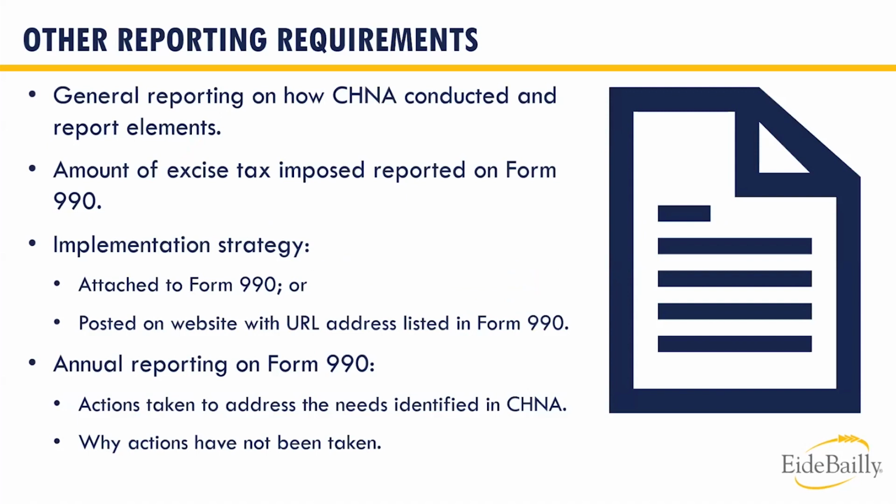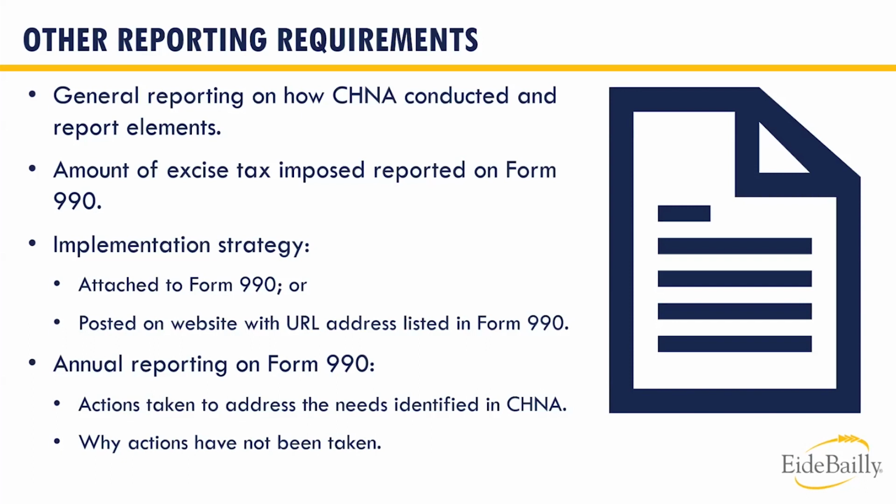The other reporting requirements. So those of you who are filing a 990, which most organizations that are 501c3s are going to be filing a 990, there's some exceptions there for those dual status governmental hospitals, but in general, most organizations are filing a 990. There's a whole section in Schedule H of the Form 990 where you report on the fact that you've done a community health needs assessment and what the results were.